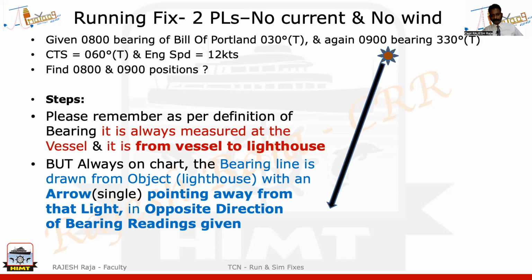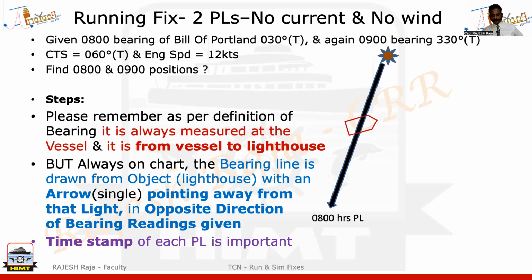I have drawn the reciprocal of 030 from Bill of Portland. Please mark the small arrow at the end of your line. Let us consider your vessel was here. You can see Bill of Portland is 030 from your vessel. Similarly, you could be here, you could be here, anywhere.